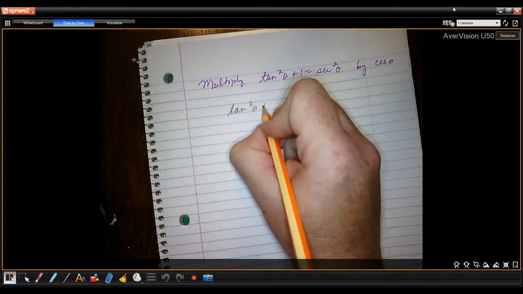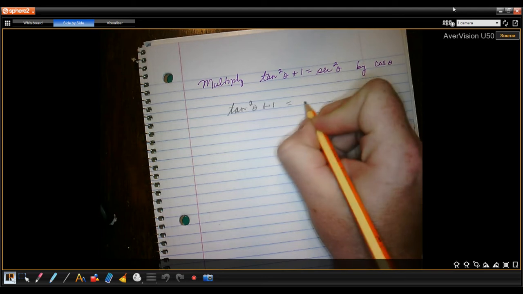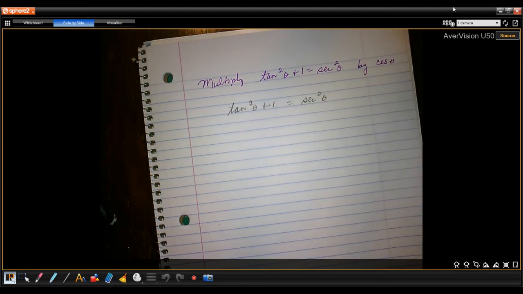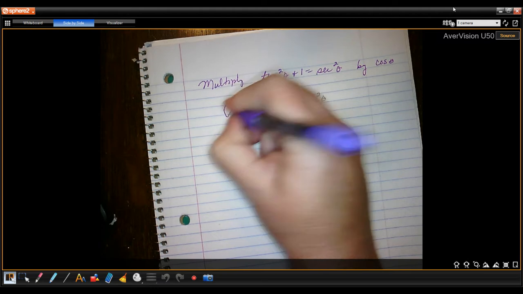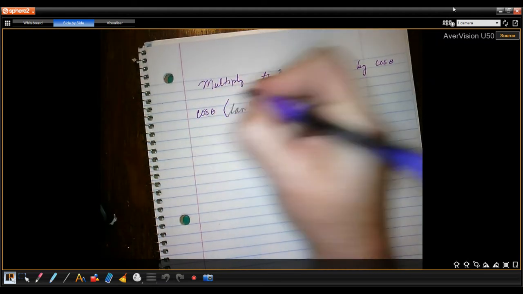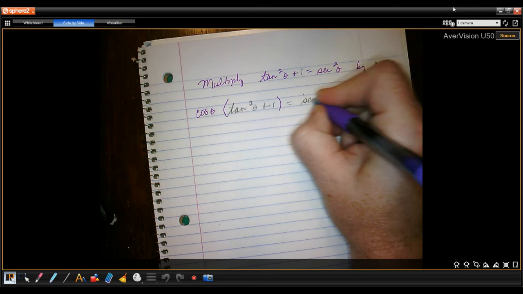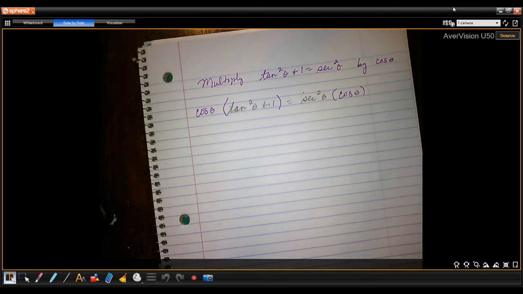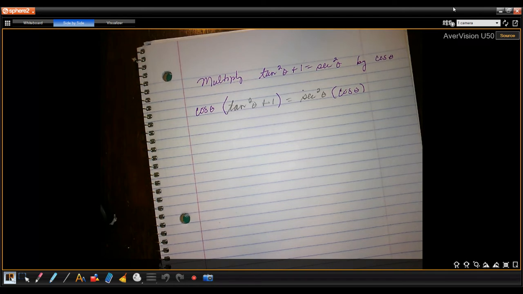Tangent squared theta plus 1 equals secant squared theta. So this is what you're doing. You're going to multiply this by cosine theta, and you're going to multiply this by cosine theta. If you want to pause there, you can see what you come up with, and then come back.